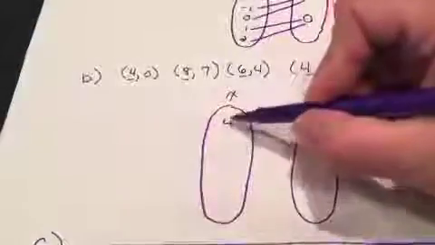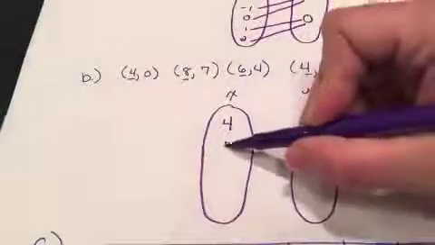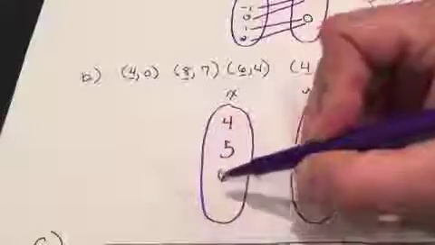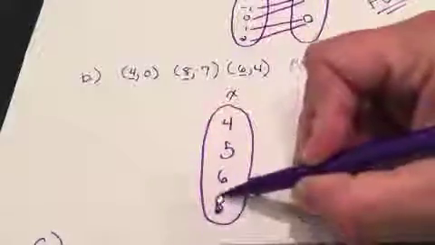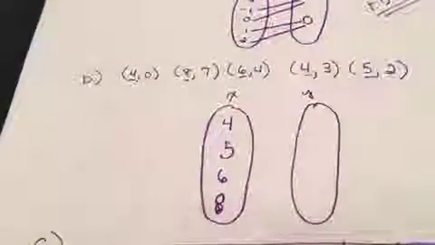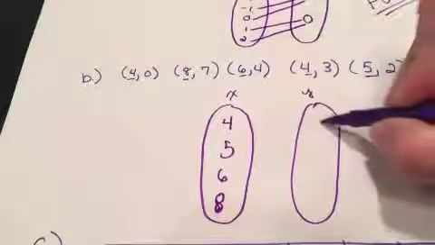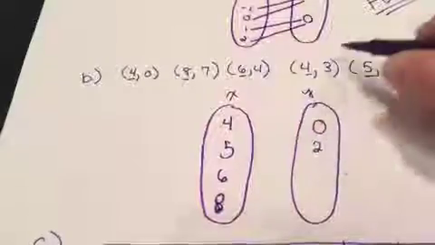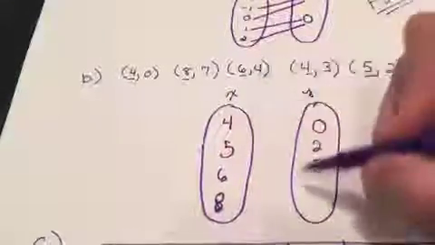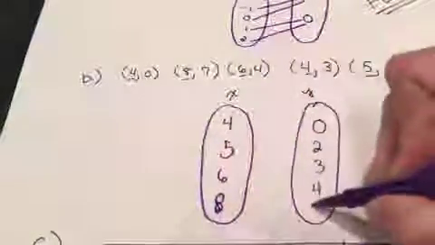So I'm going to have 4, 5, 6, and 8. Notice they do repeat a little bit, and I just wrote it one time. Now I'm going to take my y values, 0, 2, 3, 4, and 7.